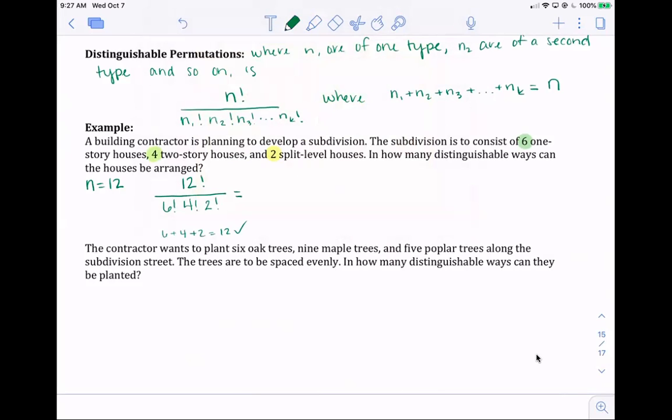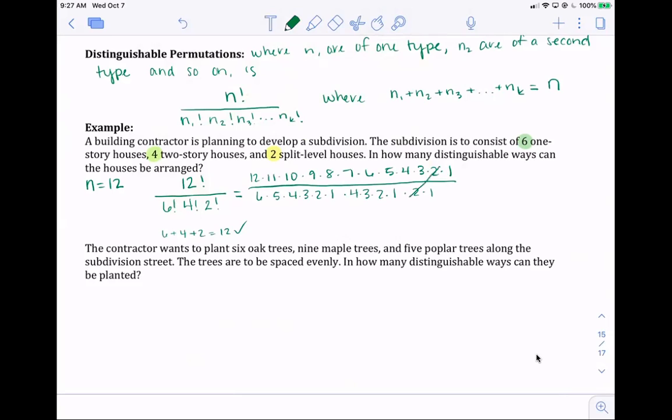So if you write this all out, over, and then just start canceling.